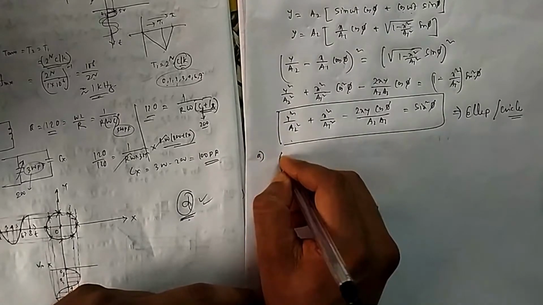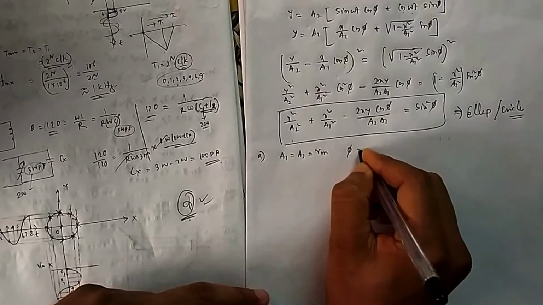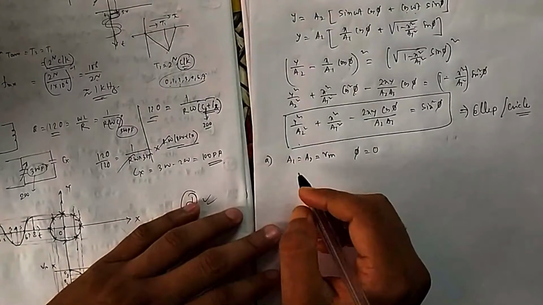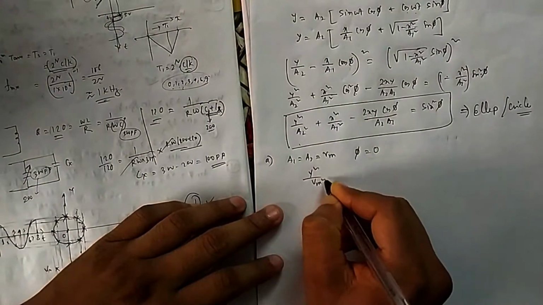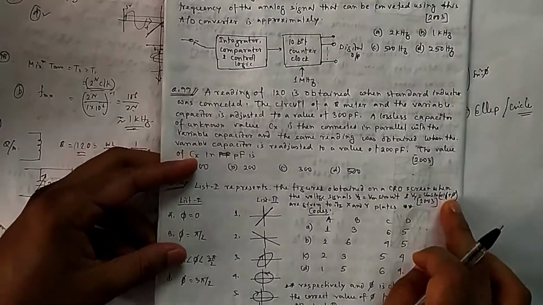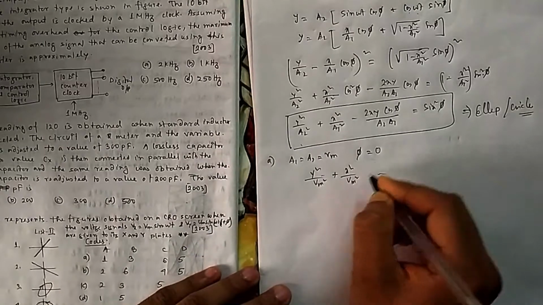So if you start from the first case, a1 and a2 are both equal to Vm, and phi is equal to 0. So you put these in, and you can see mathematically also. It will be y square by Vm square plus x square by Vm square, because in this expression a1 and a2 are Vm and phi is 0.